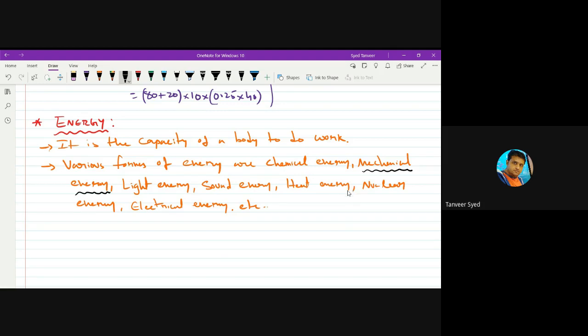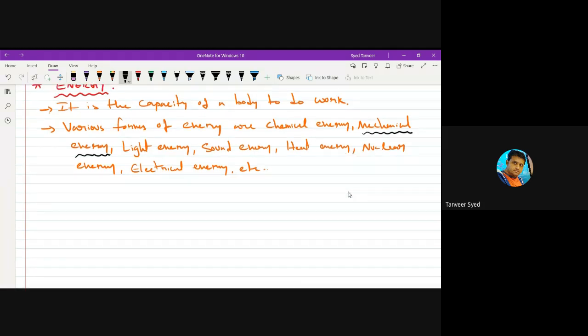Mechanics means motion. So we'll be studying about mechanical energy in this chapter.